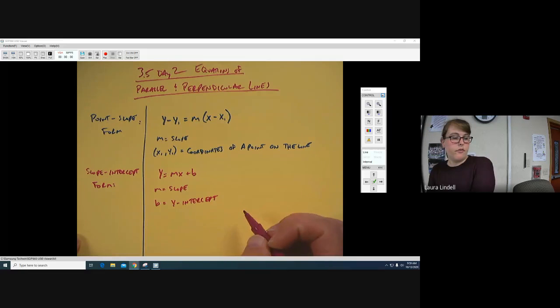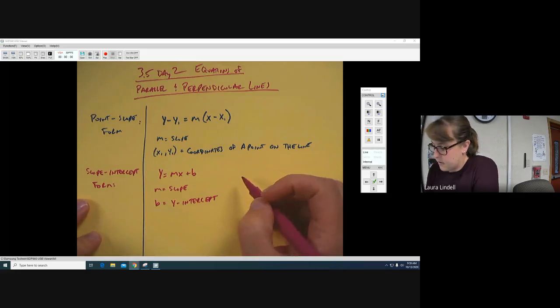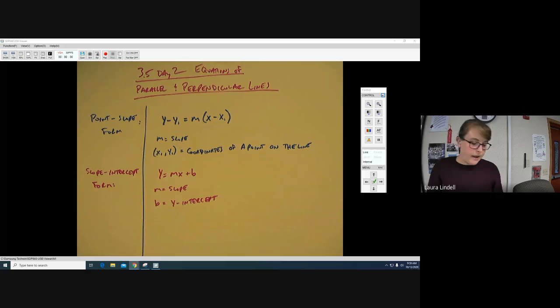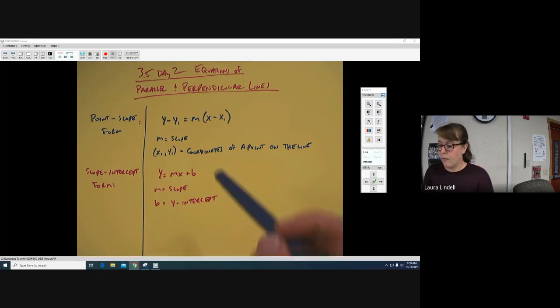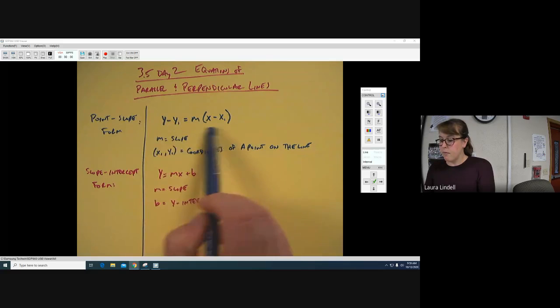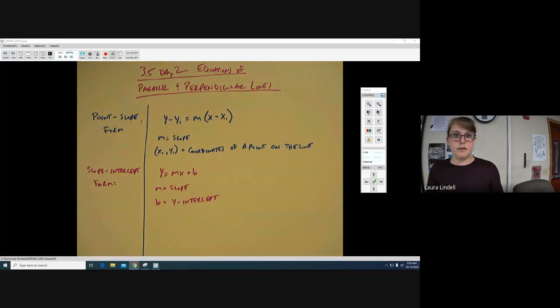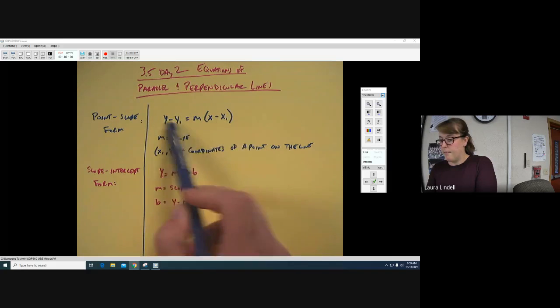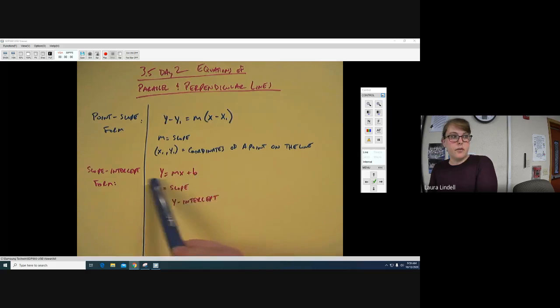So that was where the function or the equation or the line crosses the y-axis. Okay, and so what we're going to be doing today is we're going to be given a point and then a slope, essentially. And we're going to start off by putting things in point-slope form, but then we're going to change them into slope-intercept form. Because this version of things is easier for writing the equation. This version of things is easier for graphing it. So here we go.